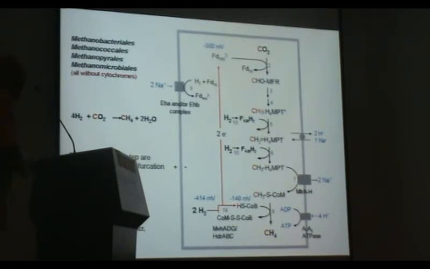But now we can use this last enzyme of methanogenesis, the reduction of this disulfide, which has a more positive potential, by hydrogen, and this bifurcates to ferredoxin, and ferredoxin reduces the CO2.